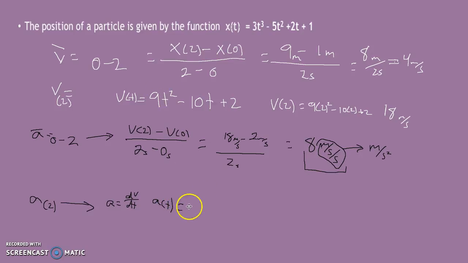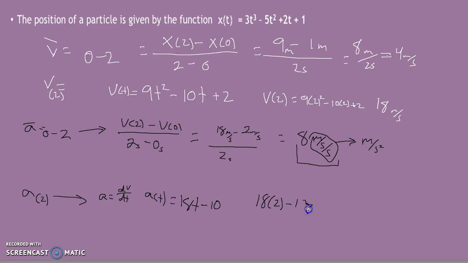So 2 times 9 is 18t, 1 times negative 10 is minus 10, and the constant goes to 0. We substitute in a 2 right here: 18 times 2 minus 10 gives us 26 meters per second squared for that instantaneous acceleration.